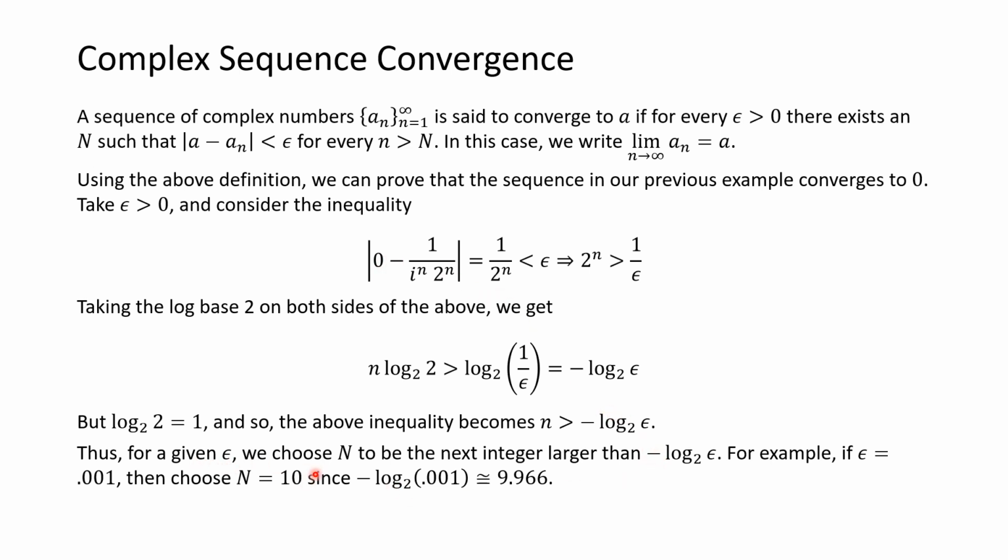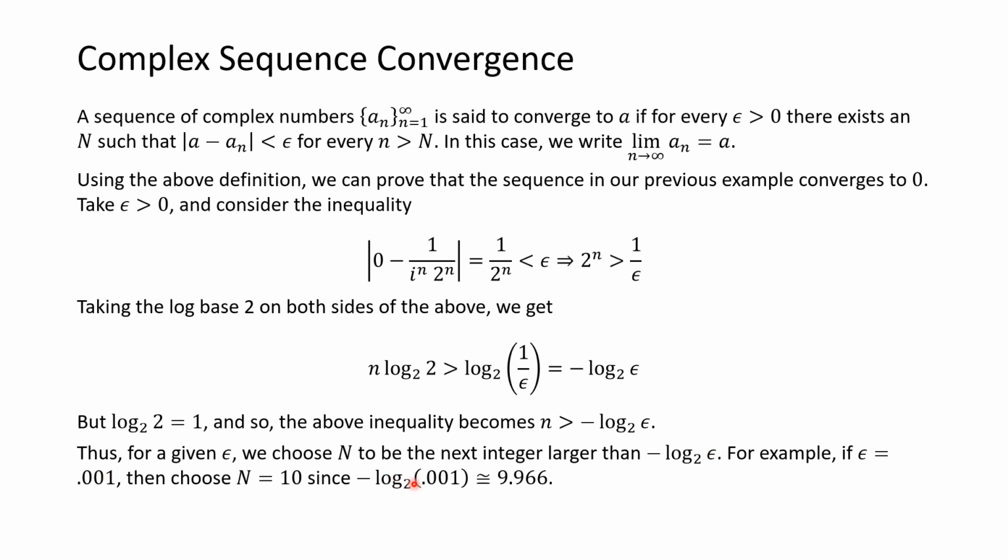And we can take a particular example. We can choose epsilon equal 0.001, and we choose our capital N to be the next integer bigger than minus the log base 2 of epsilon.